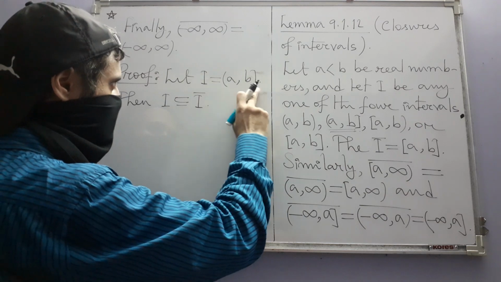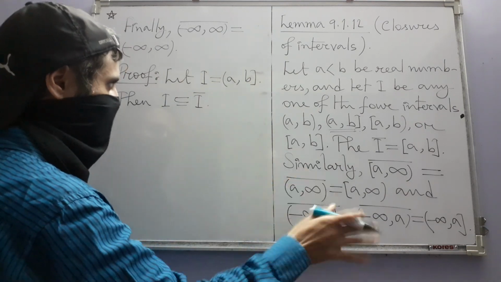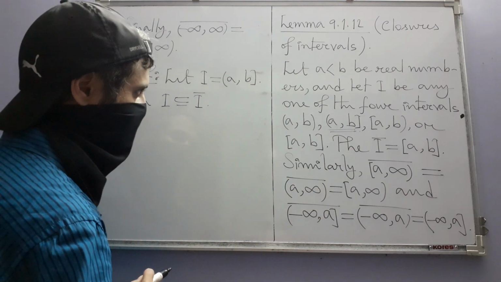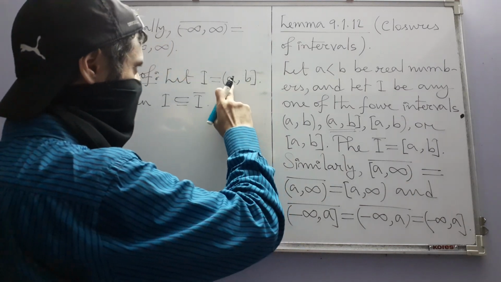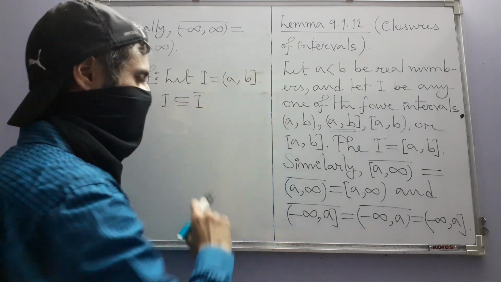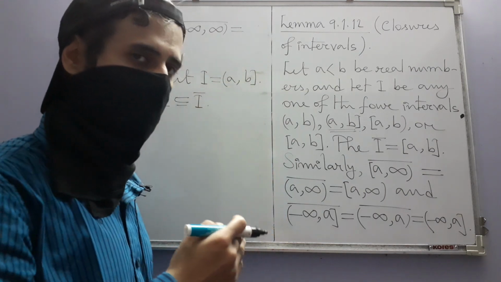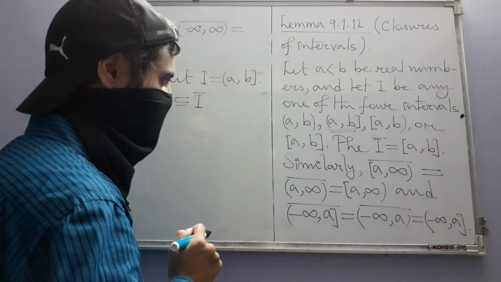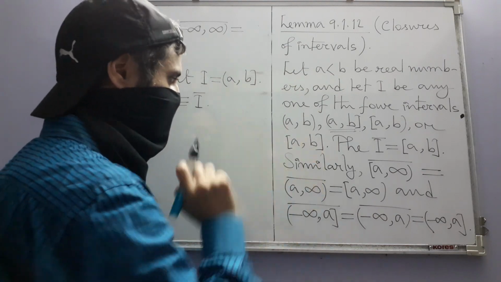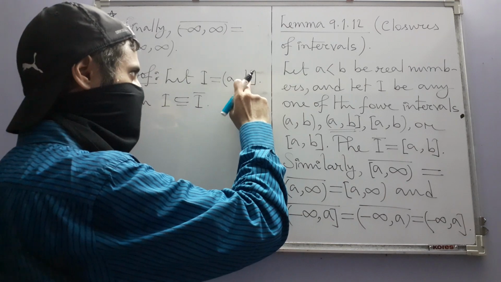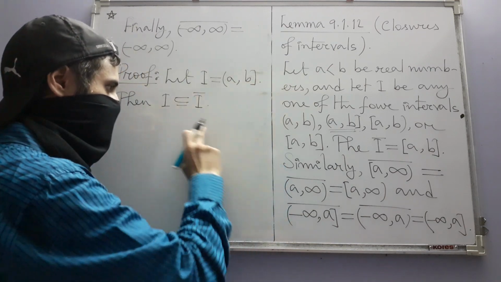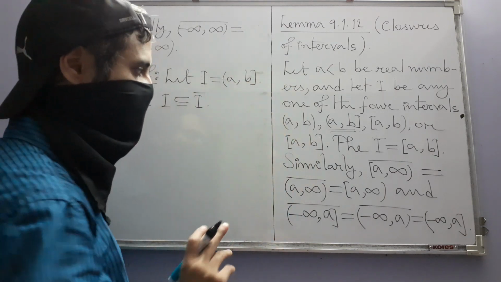So that means this interval itself is a part of the closure. So what else are we missing? In this interval we have all the real numbers lying strictly between A and B. Okay. So we get those things here. And in this interval we also have B. B is an element in this interval. So we are getting B.